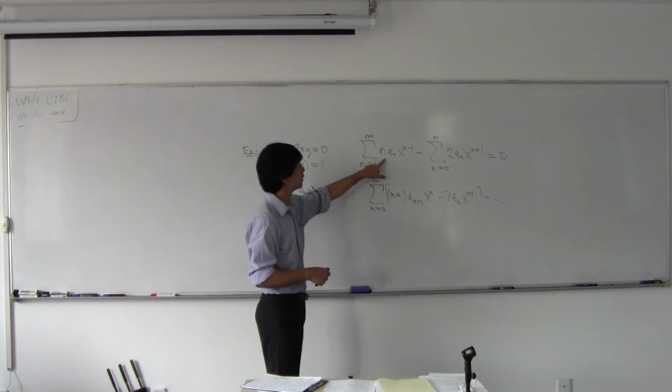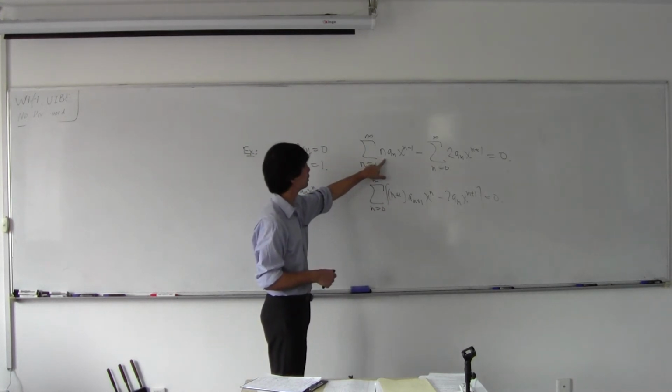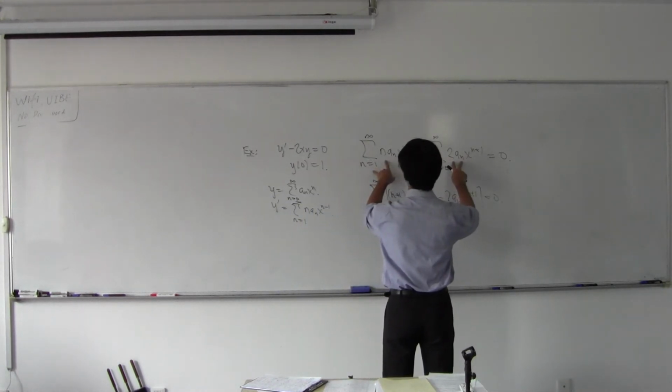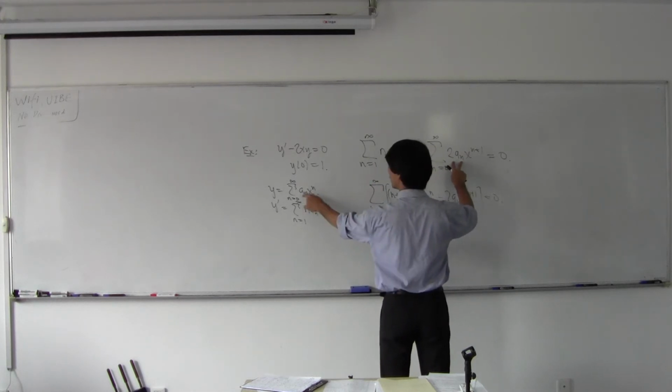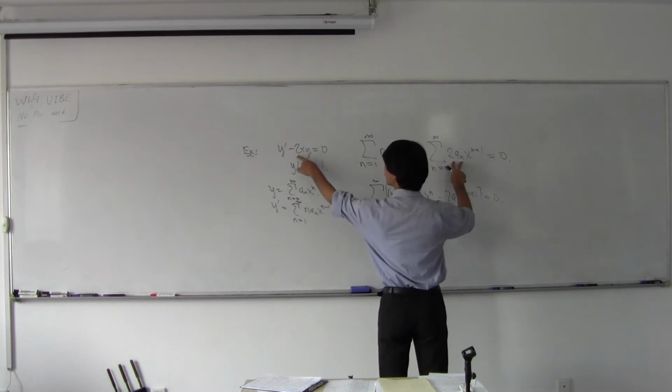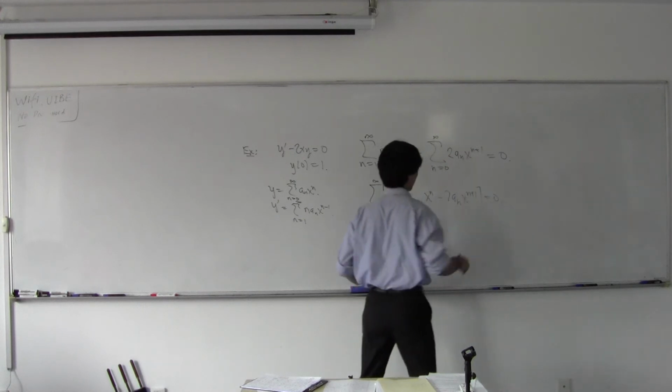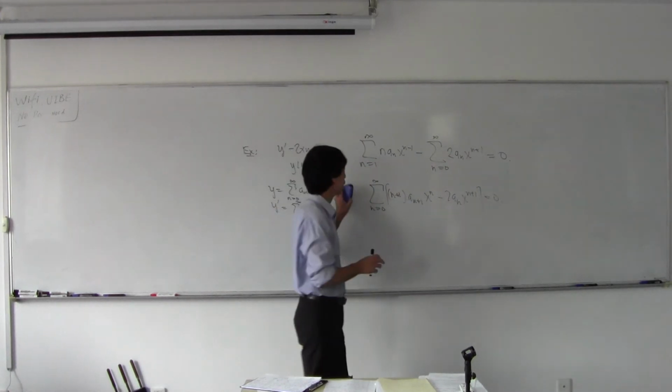Yeah, you see the one on the right, 2 a sub n. That's right, because remember, we've got y times 2x, so the exponent goes up by 1 here. Okay.